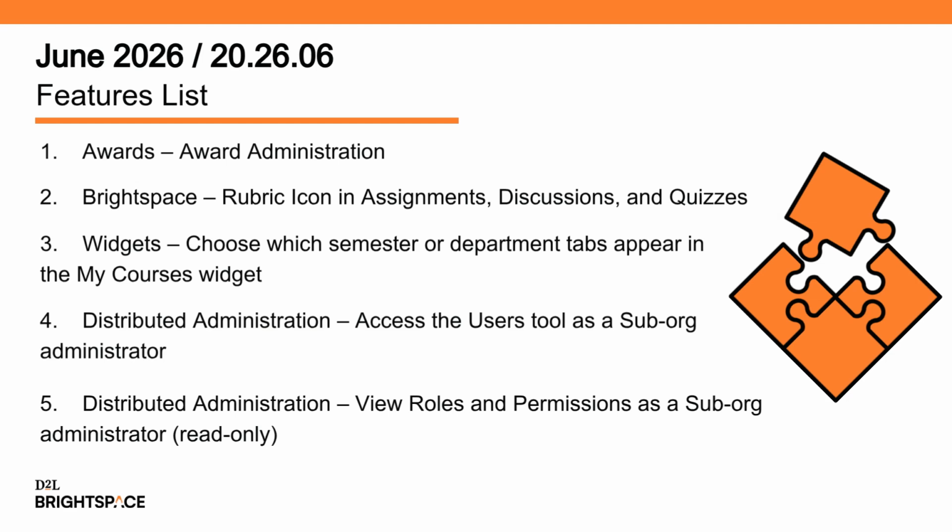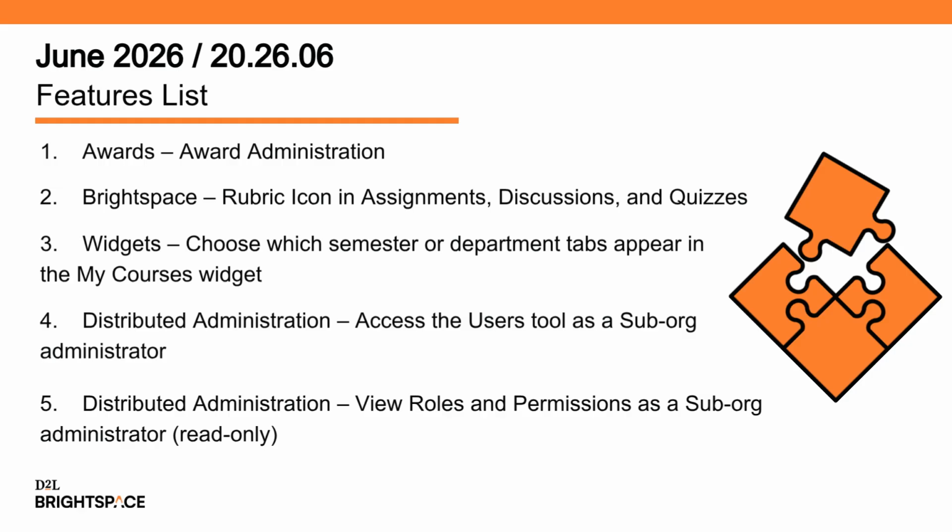Awards Administration is a new Brightspace tool for managing award configuration settings at the organization and sub-org levels. New rubric indicators now appear beside activities with attached rubrics in assignments, discussions, and quizzes. The My Courses widget now allows administrators to control which semester and department tabs appear for users.